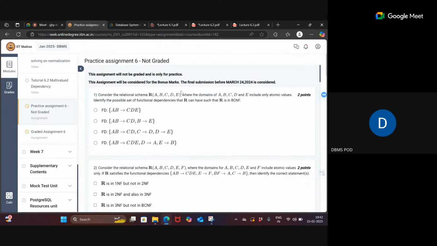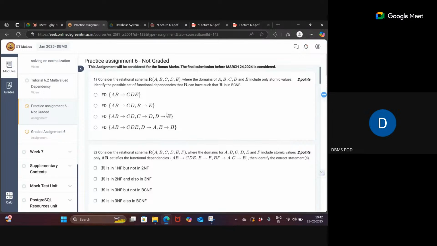Here, consider the relation schema R with attributes A, B, C, D, E that includes only atomic values. That means it is in 1NF. Identify the possible set of functional dependencies that R can have such that R is in BCNF. So identify which FDs follow BCNF. This is simple, no?